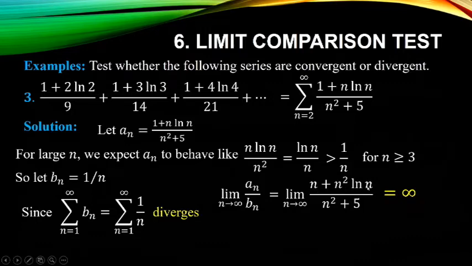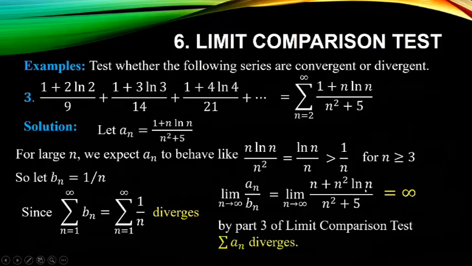Since n approaches infinity, ln of n approaches infinity also. So this is by part 3 of the limit comparison test. Since the limit of the limit comparison is infinite and the summation of b sub n diverges, then the summation of a sub n diverges also, which is our given series.